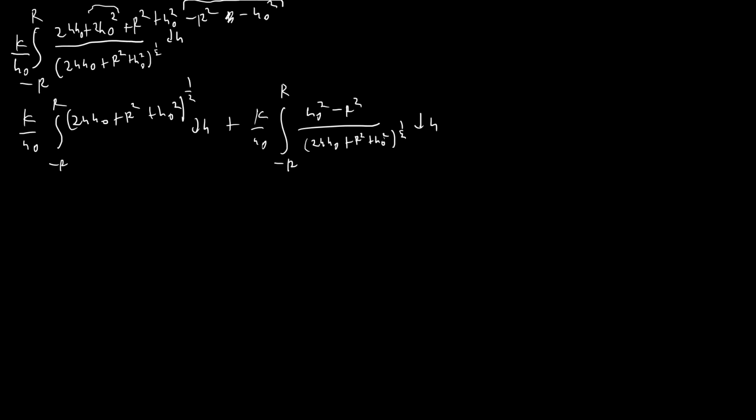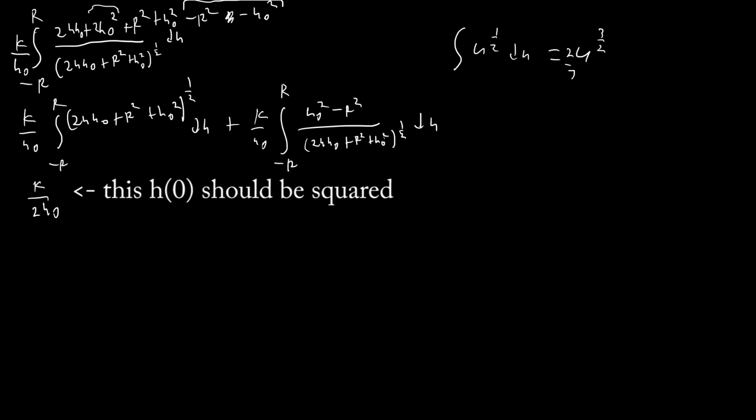Okay. So in order to integrate this one, I just want to be really careful here. The integral of u to the 1/2 du equals u to the 3/2 times 2/3, right? So first, because of the chain rule, we're going to be dividing by 2h0. So we're going to have k over 2h0, and then we're going to multiply by 2/3.